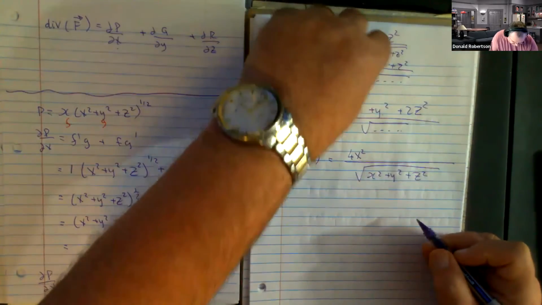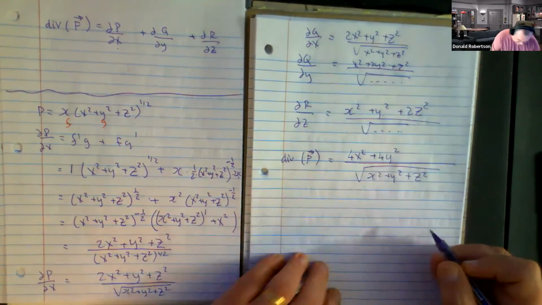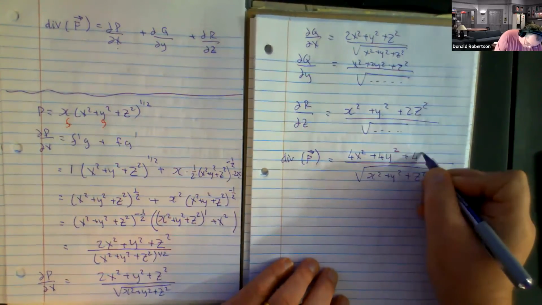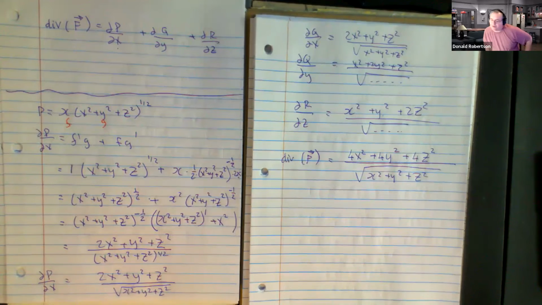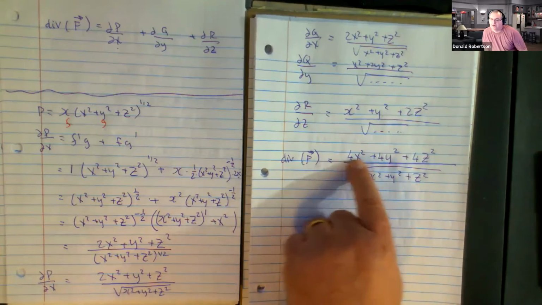This one plus this one plus this one will get me 4y squared. And this one plus this one plus this one will get me 4z squared. So you're comfortable about the divergence? This guy plus this guy plus this guy combine to give you that.